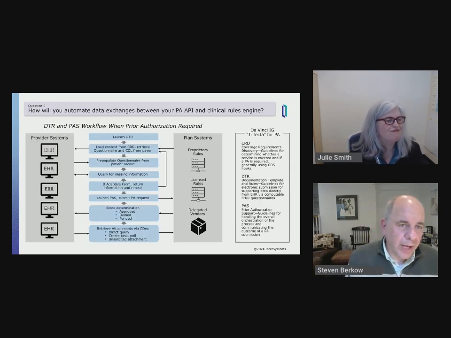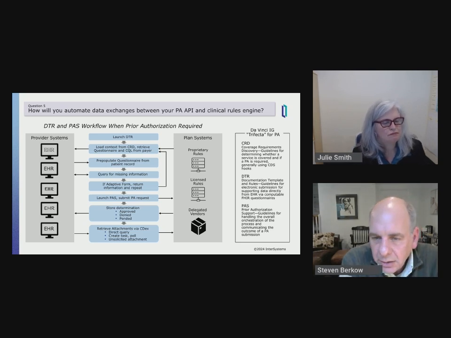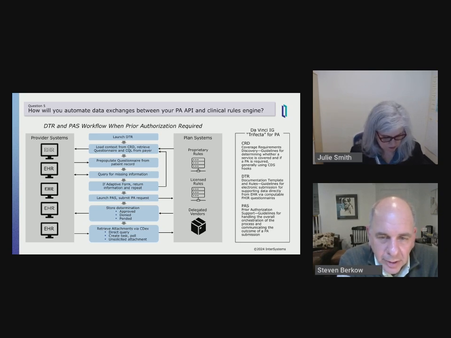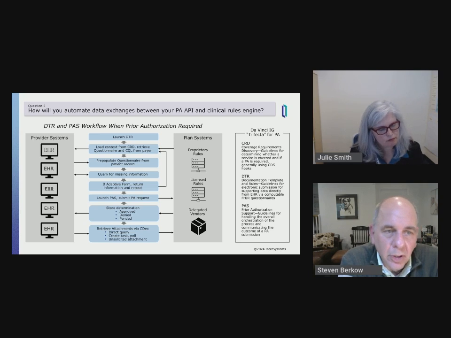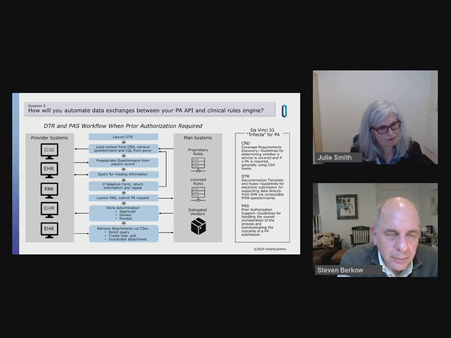So question 5, how will you automate data exchanges between your PA, prior authorization API, and clinical rules engine? So we're digging deeper into that blue box in terms of our blueprint for electronic prior authorization. What you see on the slide is an illustration of what the workflow should look like under 2 Da Vinci IGs, DTR and PAS.